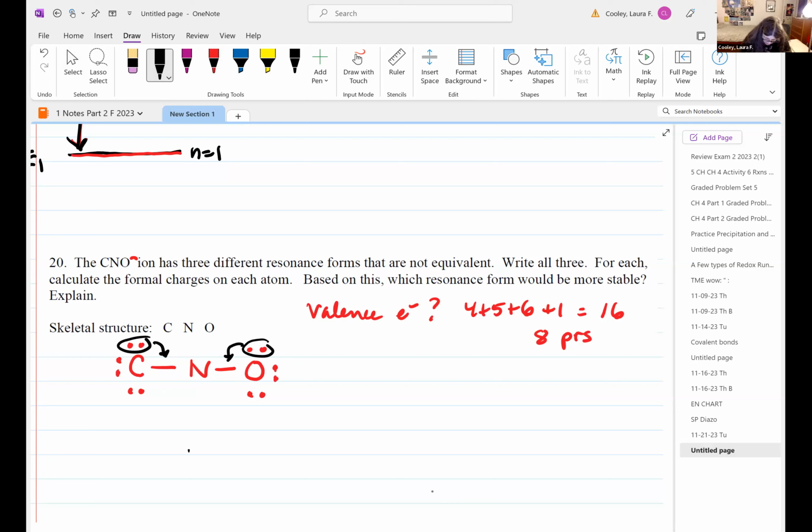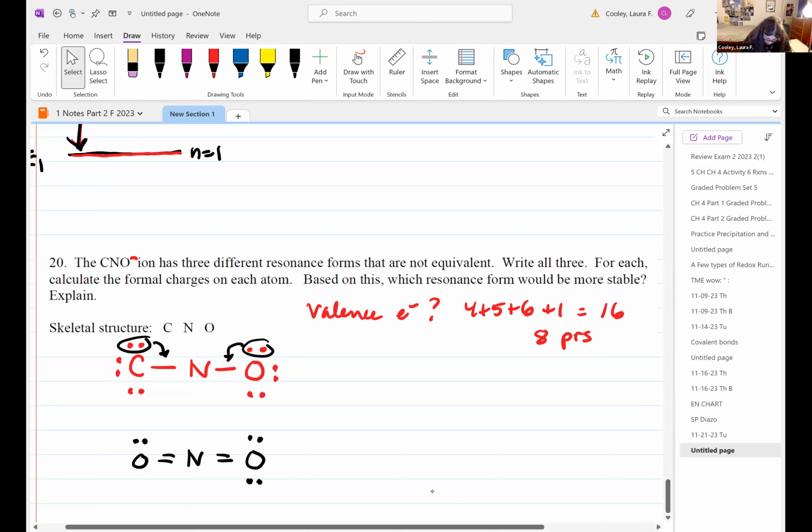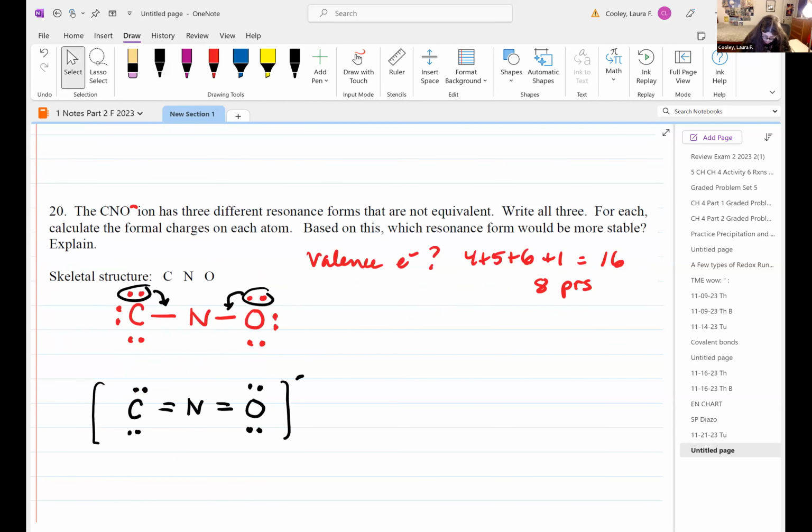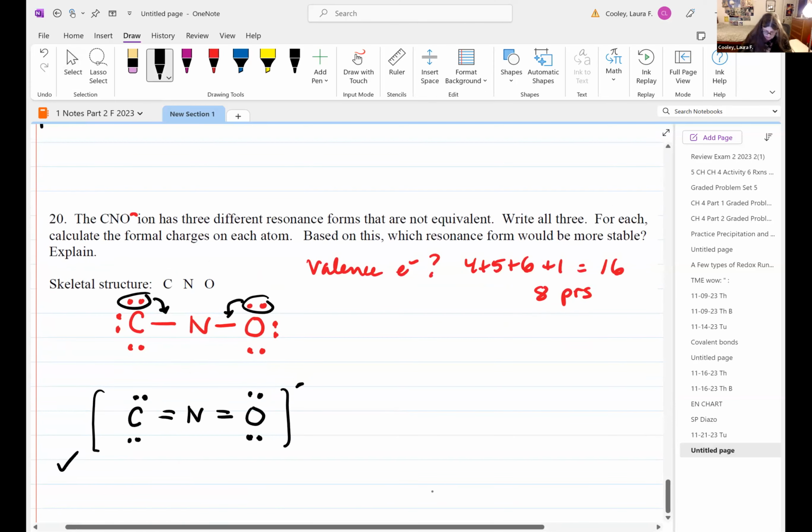So we'd have N double bond O. Ooh, that would be a carbon. Do we have octets on everything now? By the way, we have to put a bracket and a negative charge. So this is one possibility, but I tell you here that there are 3 different ones.